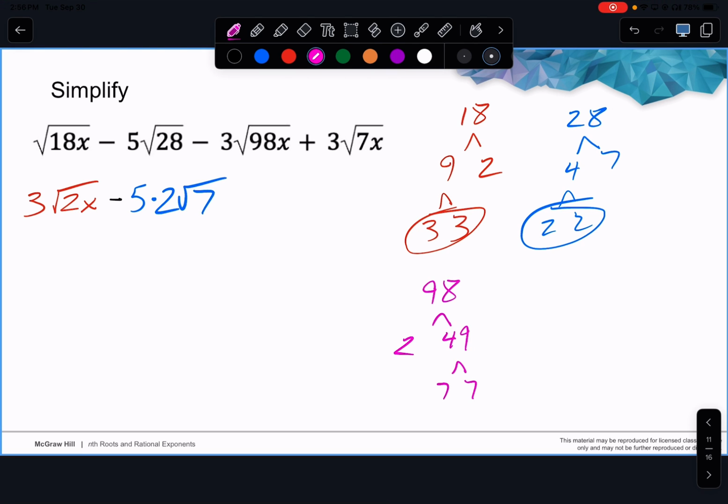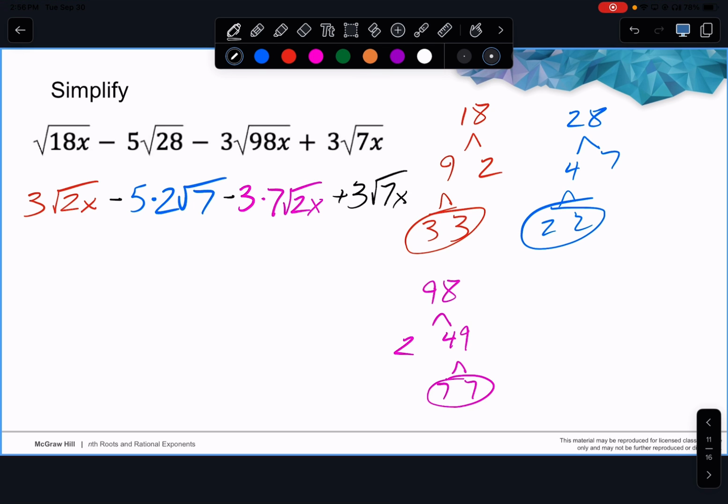Okay, so I know that this is going to be minus 3 times 7 times the square root of 2x, because 7 is my root, and I have a 2 left over, right? Okay, then the last one we just have to leave alone. Were we able to get to that part?